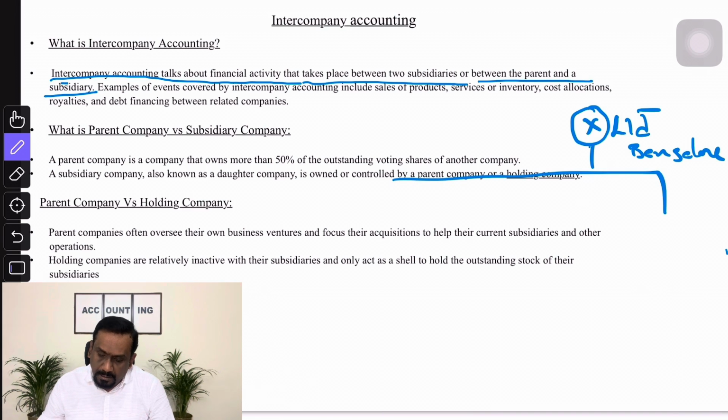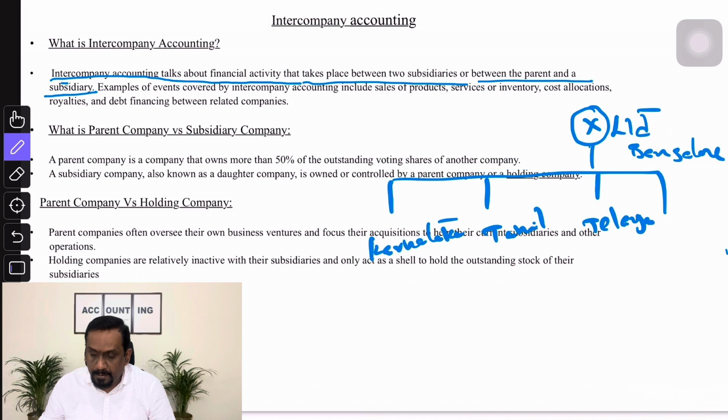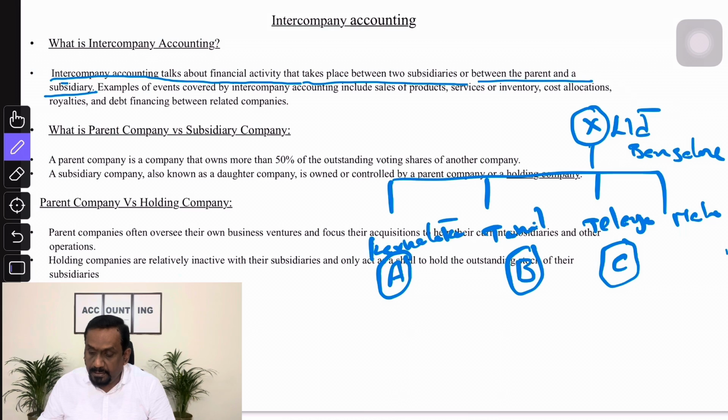Let us say I wanted to sell my business in Karnataka, Tamil Nadu, Telangana, Maharashtra, let us say. Okay? So, I started one entity A in Karnataka, B entity in Tamil Nadu, C entity in Telangana, D entity in Maharashtra.